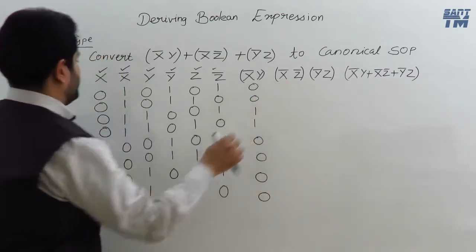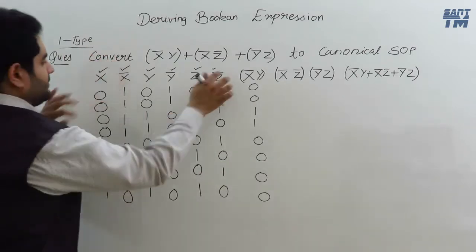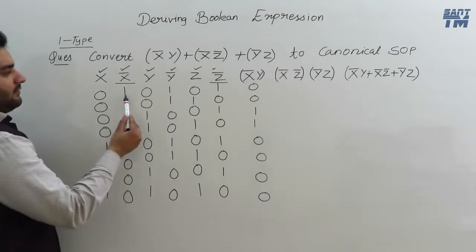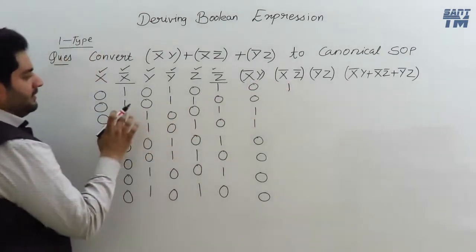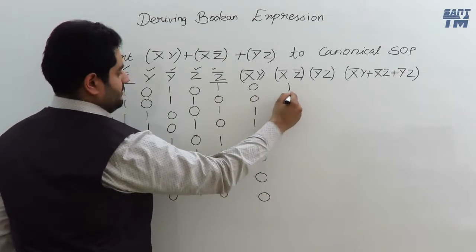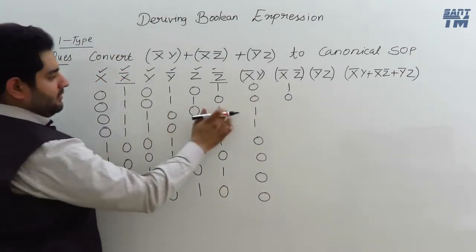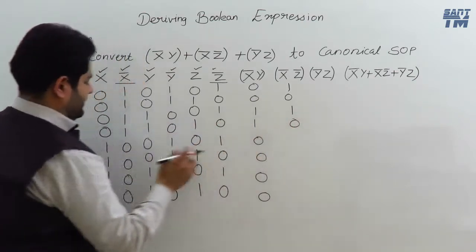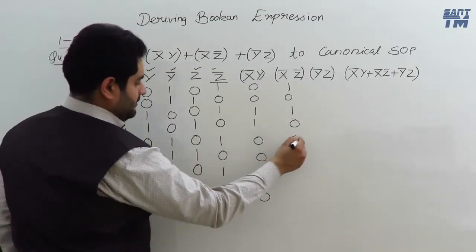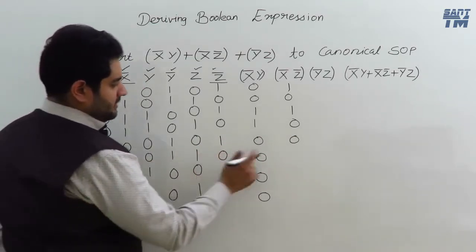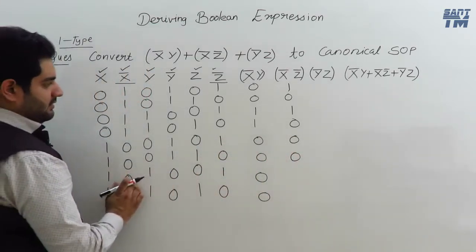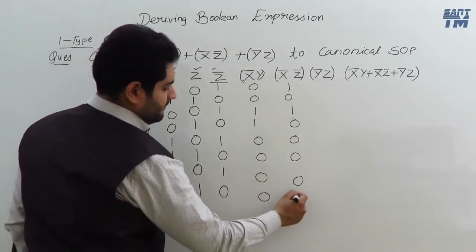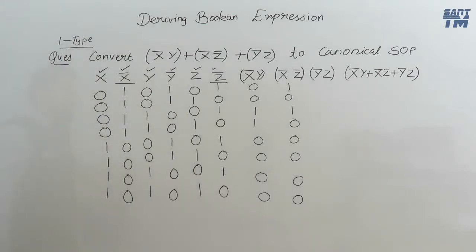Now x bar z bar, using this column and this column. 1 into 1, 1. 1 into 0, 0. 0 into 1, 0. 0 into 0, 0. So x bar z bar is also complete.